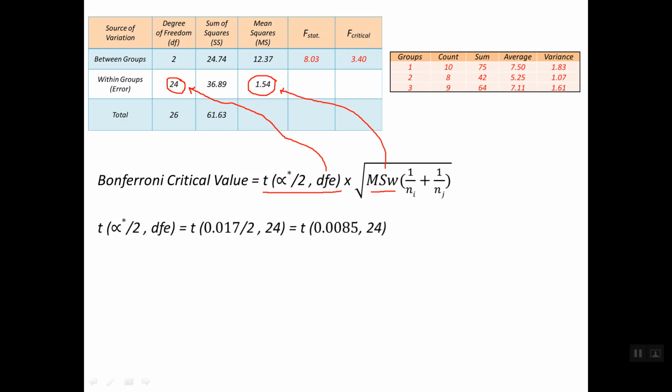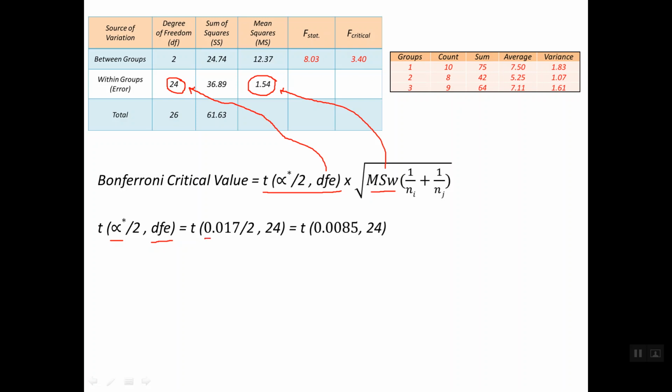So first, in order to calculate the value of t for the adjusted value of alpha, alpha star has already been calculated, and the degree of freedom for the error is 24.